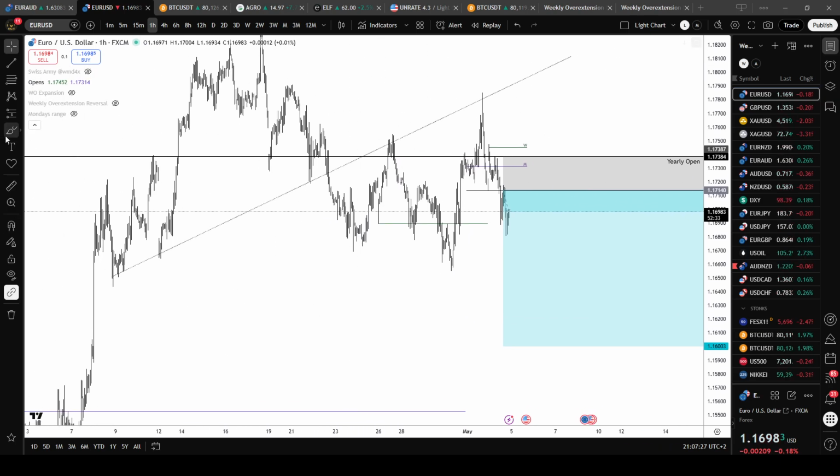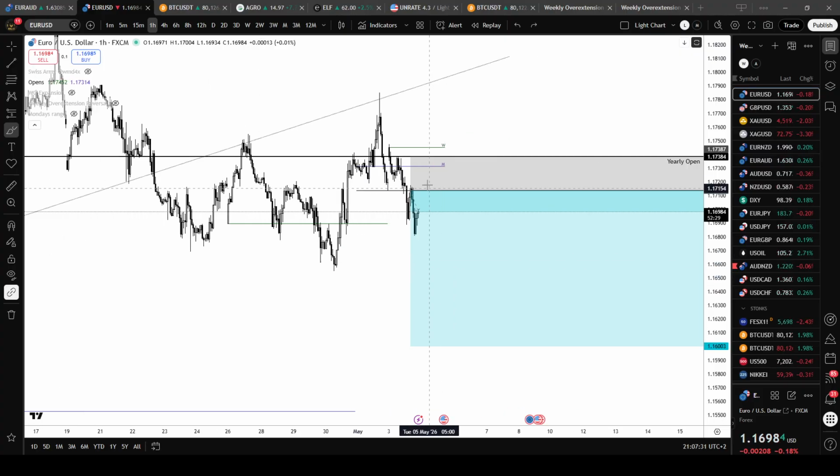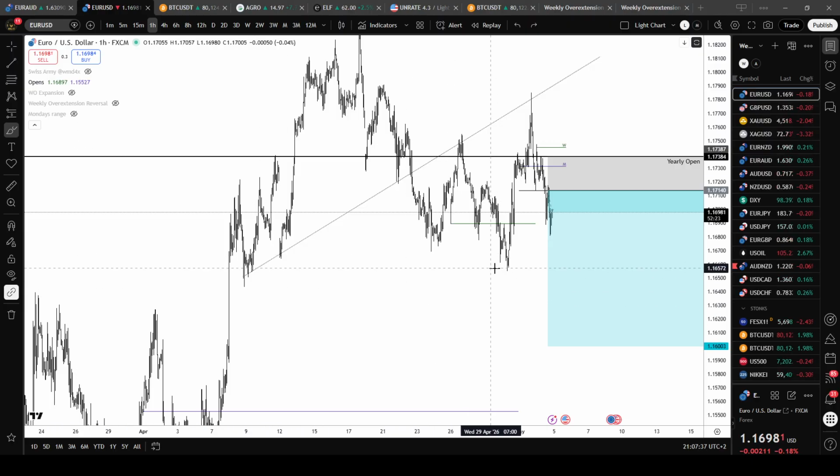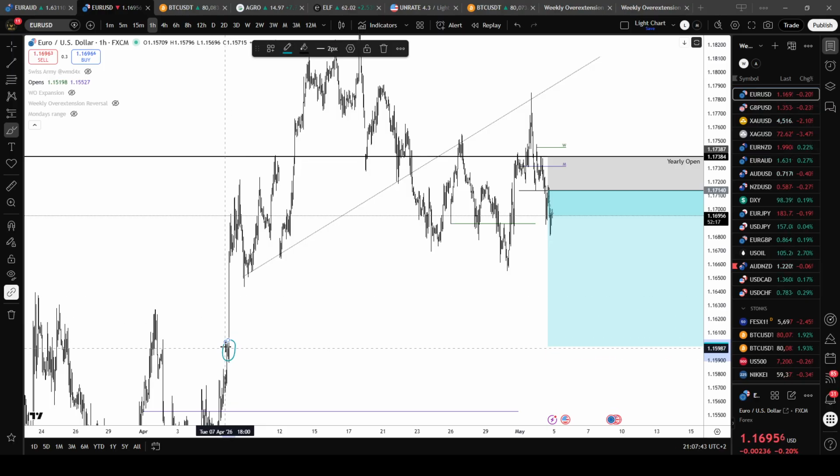I mean, you could also take profit at these lows, but if you caught this move and you're positioned for lower, it doesn't make any sense to take profit here. I wouldn't, because it's very much more likely to trade into this inefficiency.